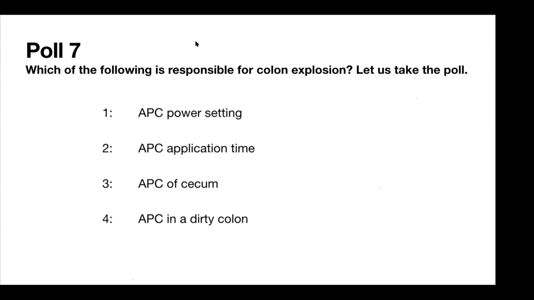All right, that's good. I'm glad that people got that right. Actually, it's sad to see this. I just saw a case report recently in one of the journals where somebody did an APC of radiation telangiectasia in the rectum without proper full colonoscopy prep. They gave a couple of enemas and went ahead and did the APC. And that is actually no, to be honest with you.